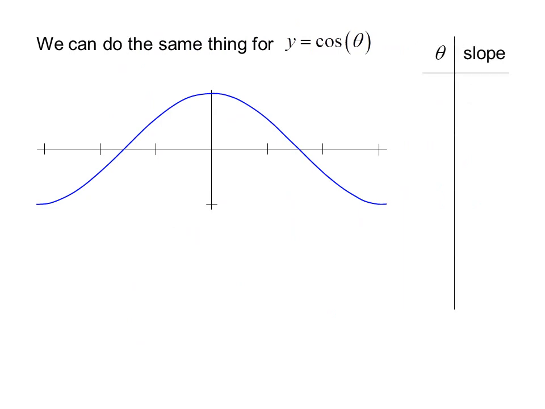We can do the same thing for y equals cosine theta. At theta equals negative pi, the slope appears to be 0. At negative pi over 2, the slope is 1. At theta equals 0, the slope is 0.